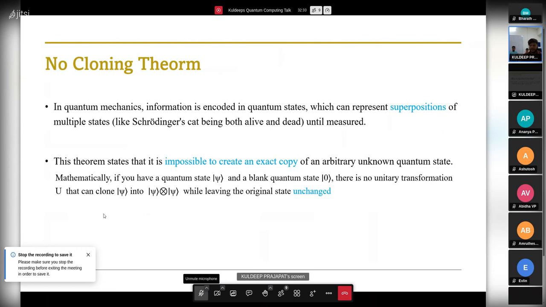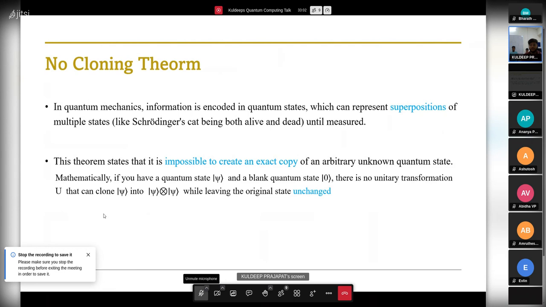It's not just a theorem, it's a property of the nature of quantum mechanics. If you try to copy it, it will change its state, and you will get to know that it has been changed. This theorem states that it is impossible to create an exact copy of an arbitrary unknown quantum state. Mathematically, if you have a quantum state psi and a blank quantum state 0, there is no unitary transformation that clones it.